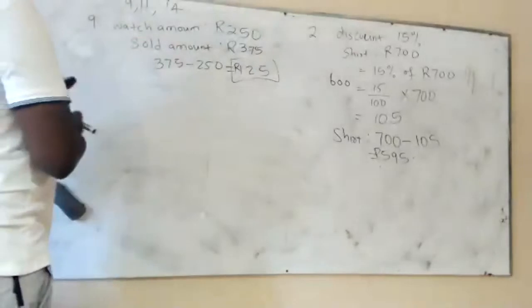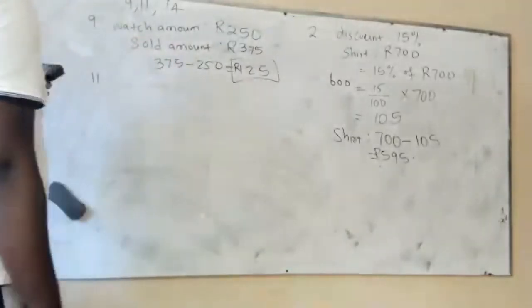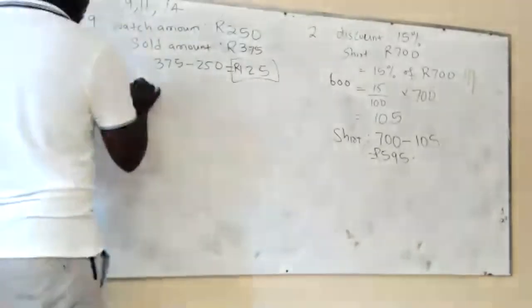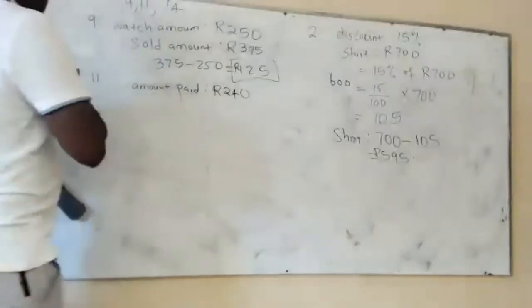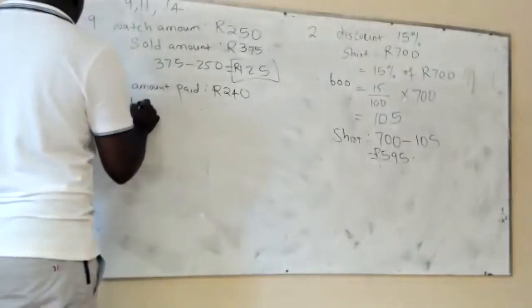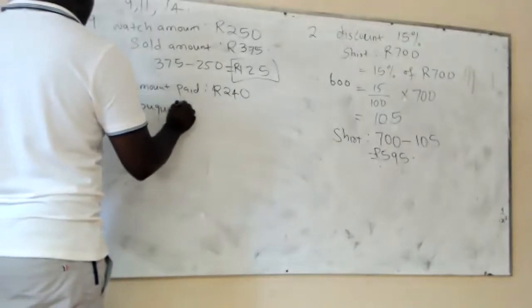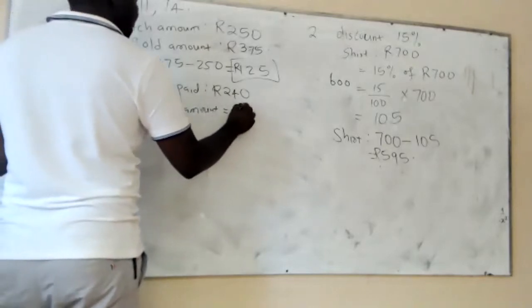And now let's get to question number 11, which is about Fatima. If Fatima paid, so amount paid is 240 for the flour and sold the bouquets, amount in this case is 500.